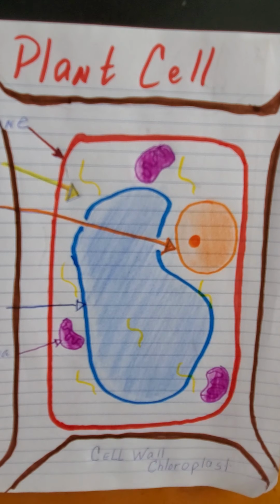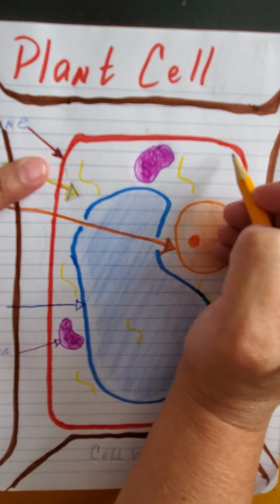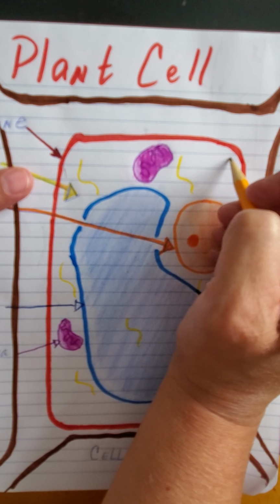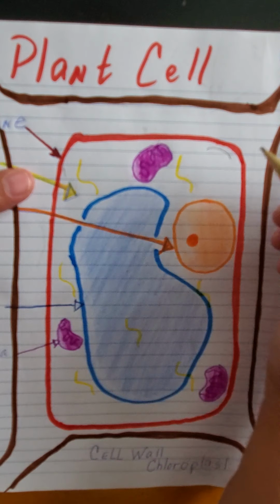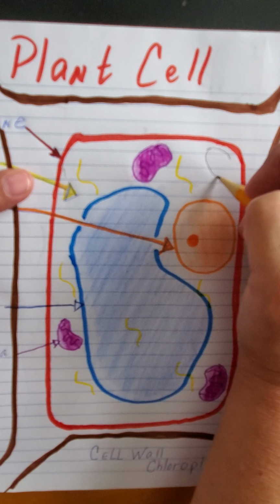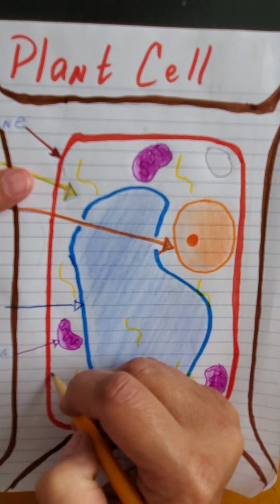If all the animals went away one day, plants would be just perfectly happy on our planet. But if all plants go away, everything on earth will die because all food starts with plants. Okay? And so the organelle that makes the glucose is called the chloroplast. And they're just kind of oval.